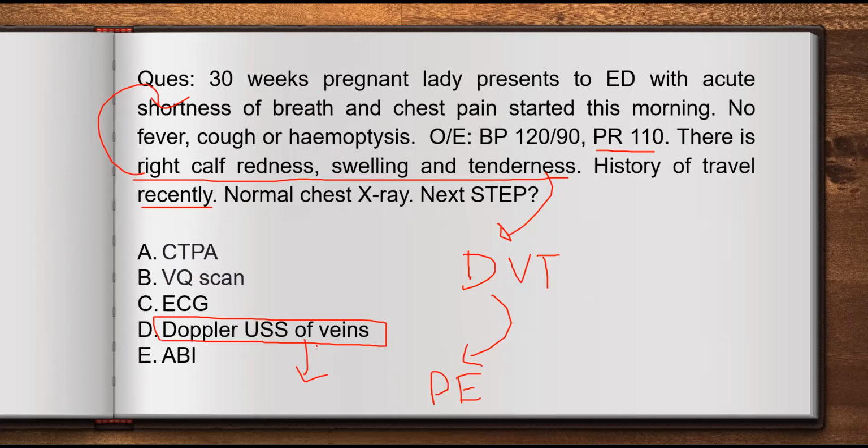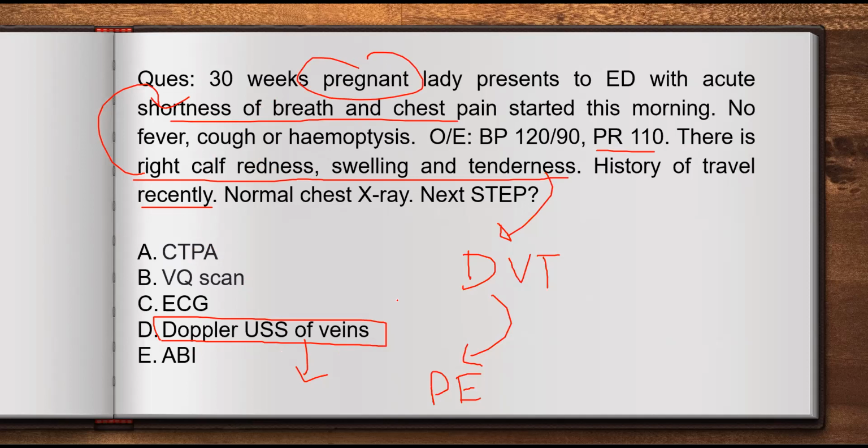If you do a Doppler and find this patient has deep vein thrombosis, you immediately treat the patient as a pulmonary embolism case. So a couple of things: this patient has pulmonary embolism features, but also deep vein thrombosis features. And this is a pregnant patient. You don't want to do a lot of investigation in a pregnant patient, okay? So if you can show that this patient has DVT on your Doppler ultrasound, this patient most likely has a PE, okay? So you don't need to do a VQ or CTPA to confirm it.